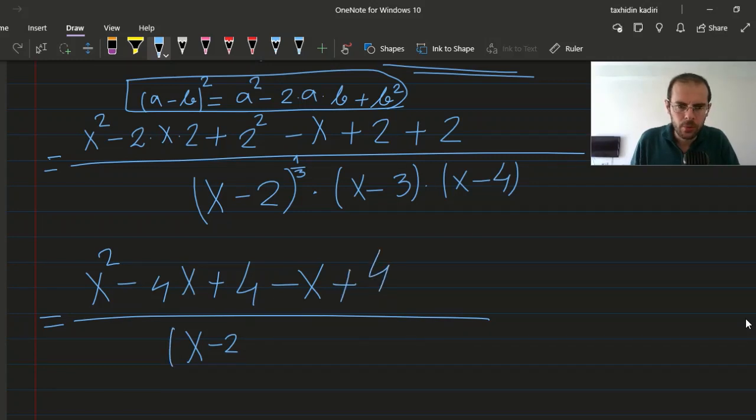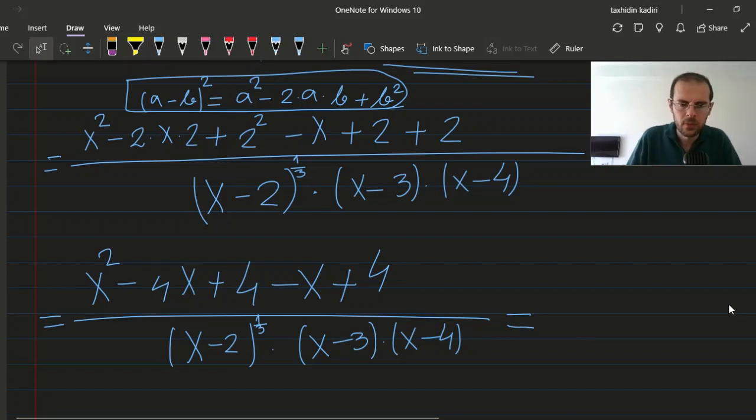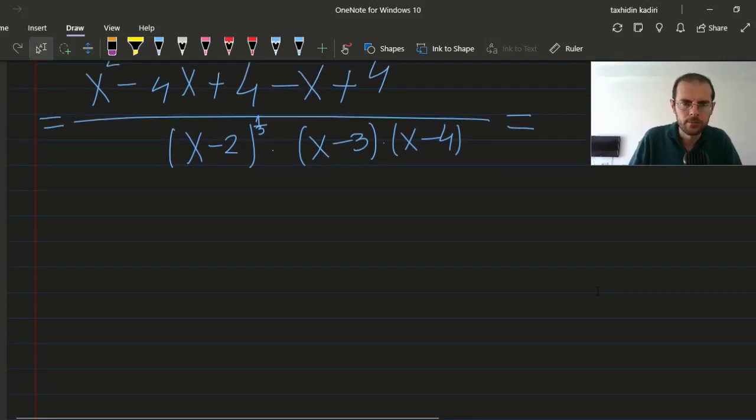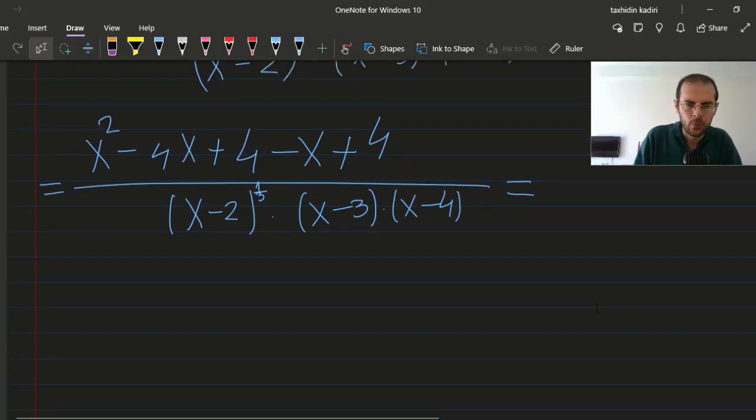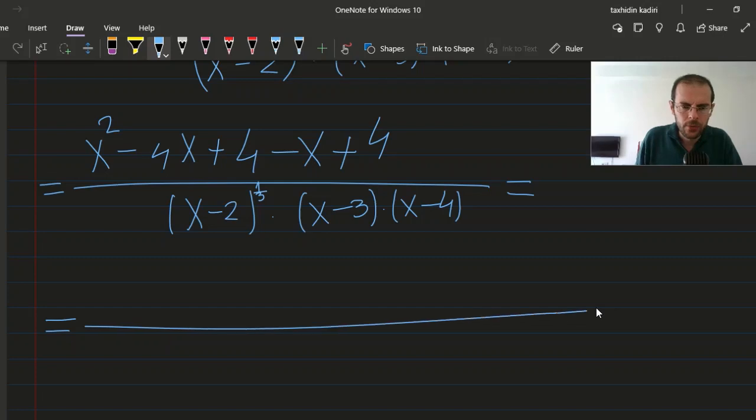Here we have x in power 1 divided by 3, x minus 3, x minus 4, equal to the fraction x squared.